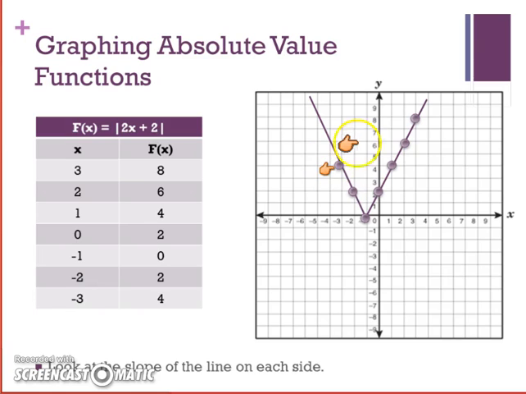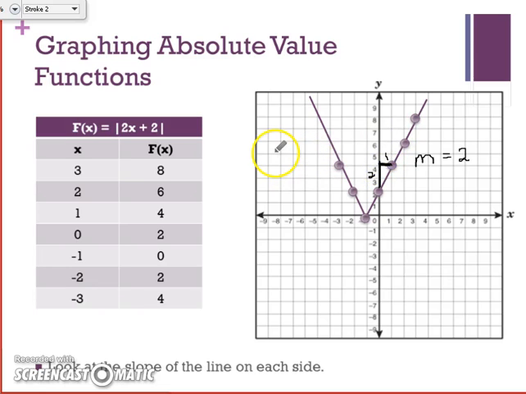You'll see that when you're plugging in the values, these are going to match up on each side, and when you compare the two sides of this graph, the slopes are going to be opposites of each other. On this side, I look at this slope, it's got a rise of 2 and a run of 1. So the slope on this side equals 2 because we had a rise of 2 and a run of 1, so 2 over 1.